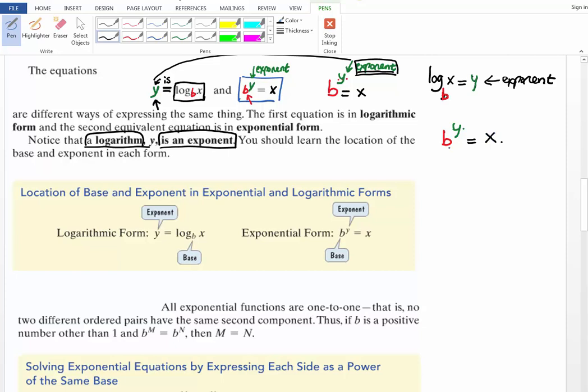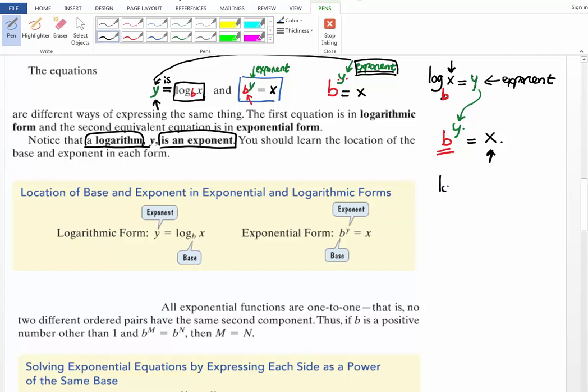So keep in mind, when we say y is log base b of x, or log base b of x is y, whichever way you want to say that, the clue we have about the exponent y is such that if you take that exponent y and you place it on the base b, then you'll get x, which is a quantity inside the log.